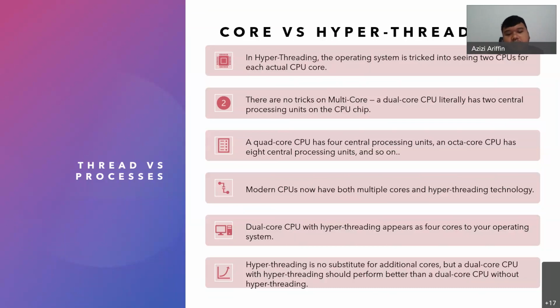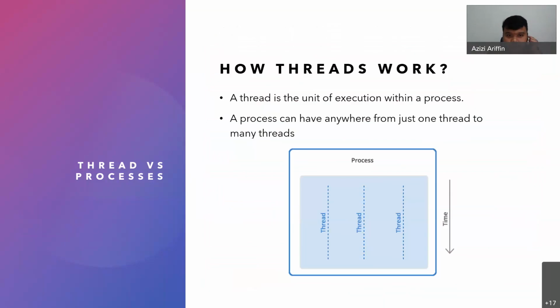Hyperthreading is no substitute for additional cores, but a dual core CPU with hyperthreading should perform better than a dual core CPU without hyperthreading. Because with hyperthreading, each CPU core can do two jobs, so more tasks can be executed. So that is the power of hyperthreading.